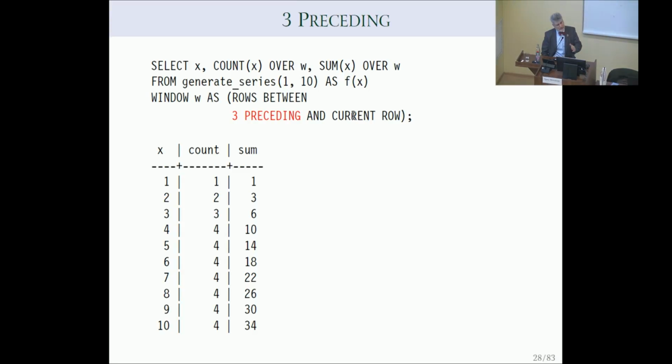It's just that the current row would be the end of the set. So it would give you the total from 3 before my row to the end. Instead of from 3 before to my current row, it would go all the way to the end. I think that's how it would behave. But that's a great question, I will test that someday.